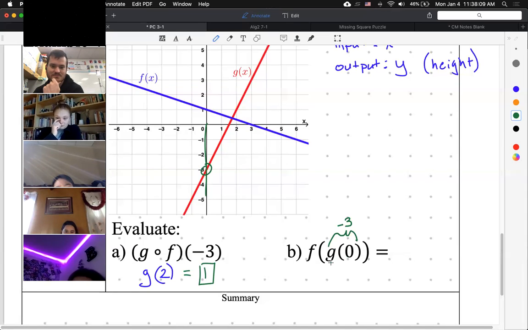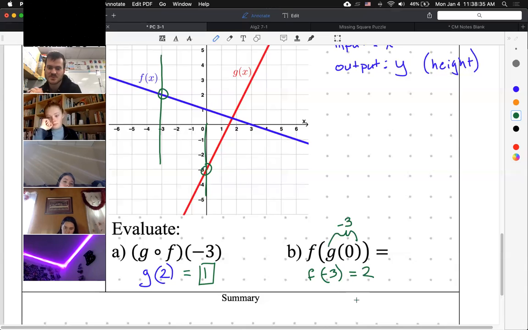And then you would go to -3 on the X coordinate line, and then go up to where it intersects at 2. Yep. That means that F of -3 is what? 2. Yeah. Nice. So our final answer is 2.